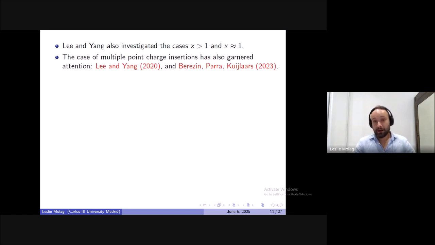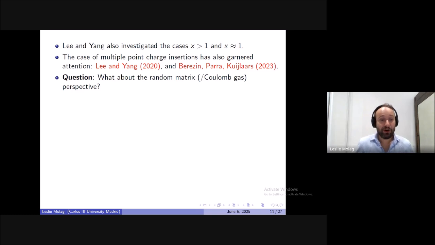You might also wonder, well, if you can do one point charge insertion, can you do more? And that indeed has also been done, by Li and Yang in 2020, and also by Beers-Para and Arno Kuilers. But in this talk, we will only focus on one point charge insertion.